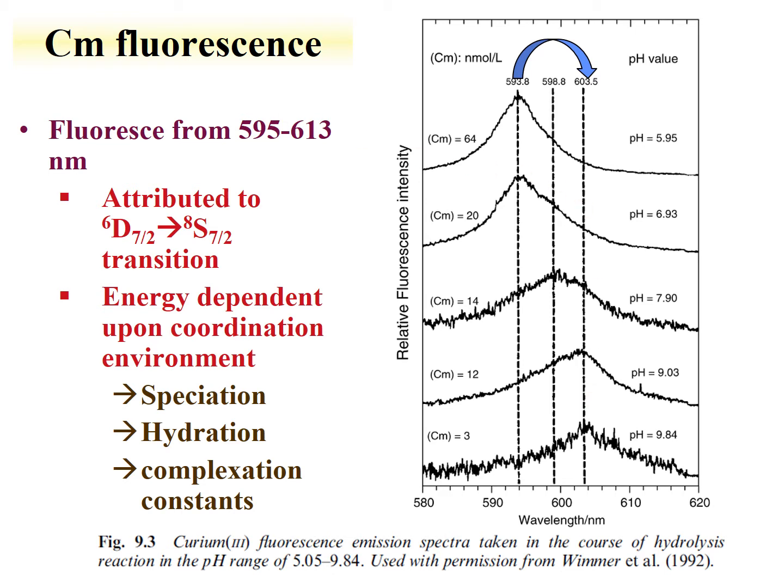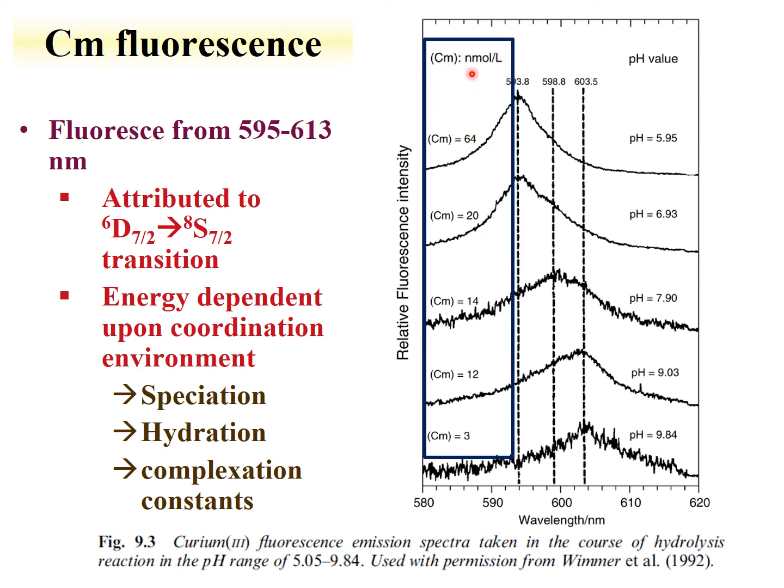Looking at the speciation diagram at around pH 6, this fluorescence behavior is primarily due to the free curium. As we increase pH, we go to the curium monohydroxide and then the curium dihydroxide. The other interesting property that's observed is the concentration of curium in this study.